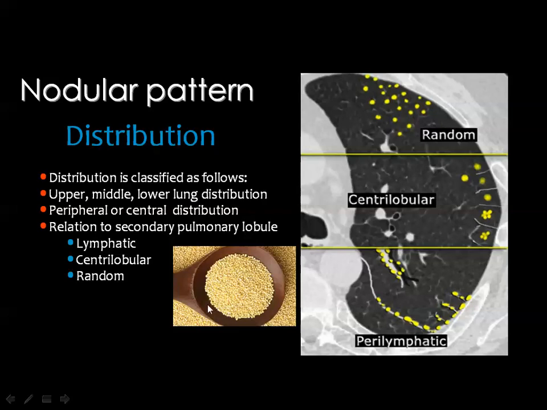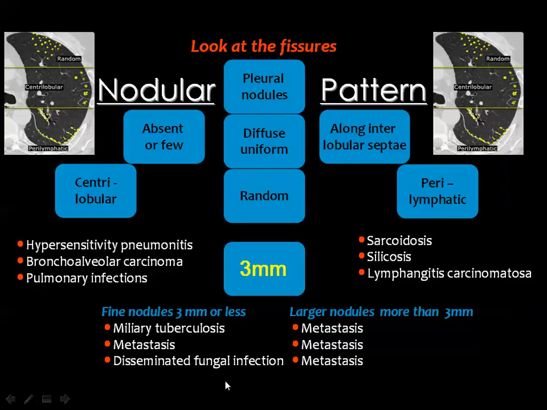And we have three patterns of distribution: the lymphatic distribution or perilymphatic distribution, which is arranged along the septae of the intralobe of the pulmonary lobules, as well as along the bronchovascular markings. And then the second pattern is known as the centrilobular pattern, where nodules are located inside the center or approximately at the center of the lobule. Then the random pattern, where the nodules are distributed haphazardly throughout the lung.